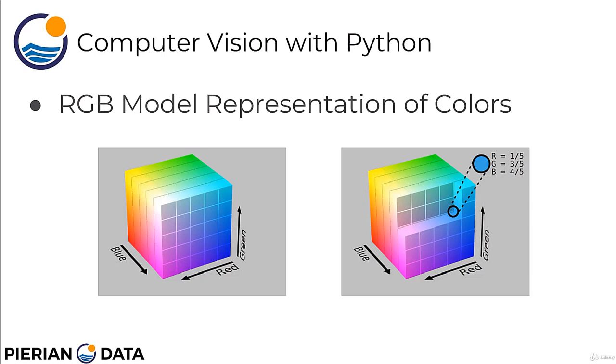So that's not actually just 1/5 of all the values, it's actually 1/5 times 255. And then green, there's more green there, so it's 3/5 times 255. And then blue is 4/5 times 255. So we can see just how far along the scale of blue, red, and green we are for that particular color. So that's what we're already used to.